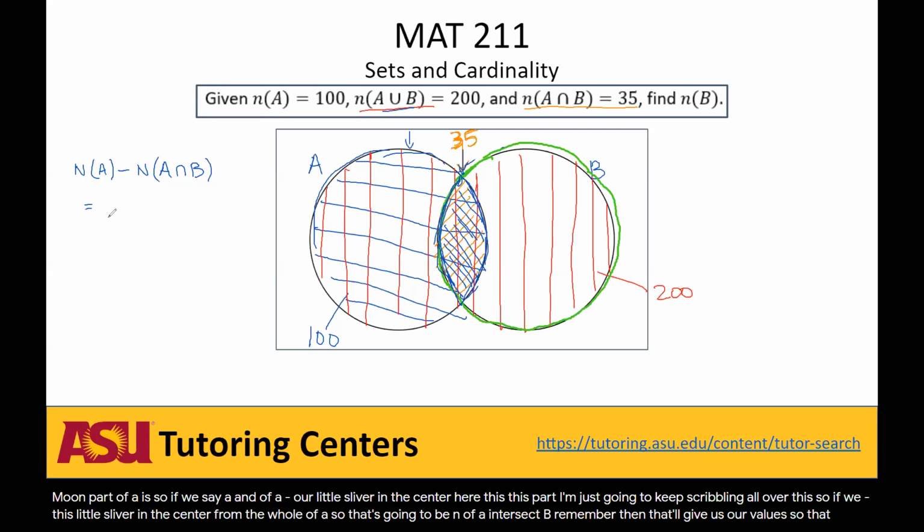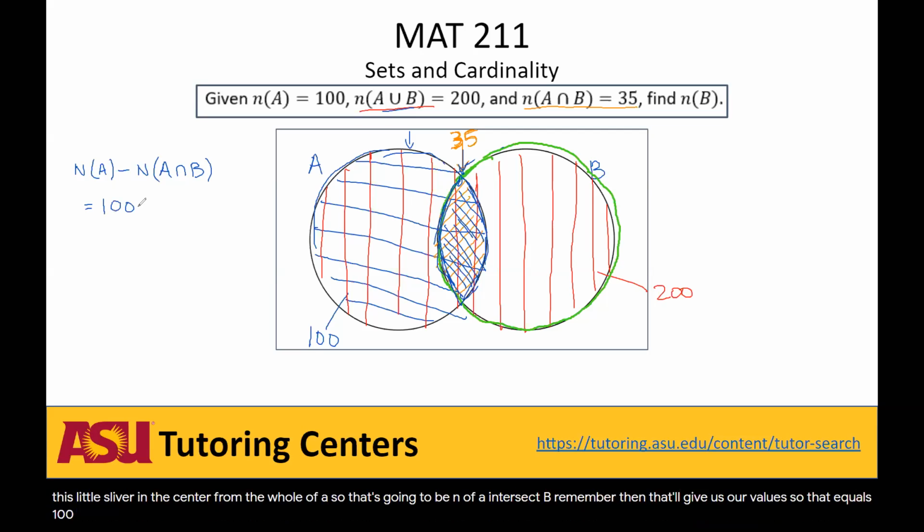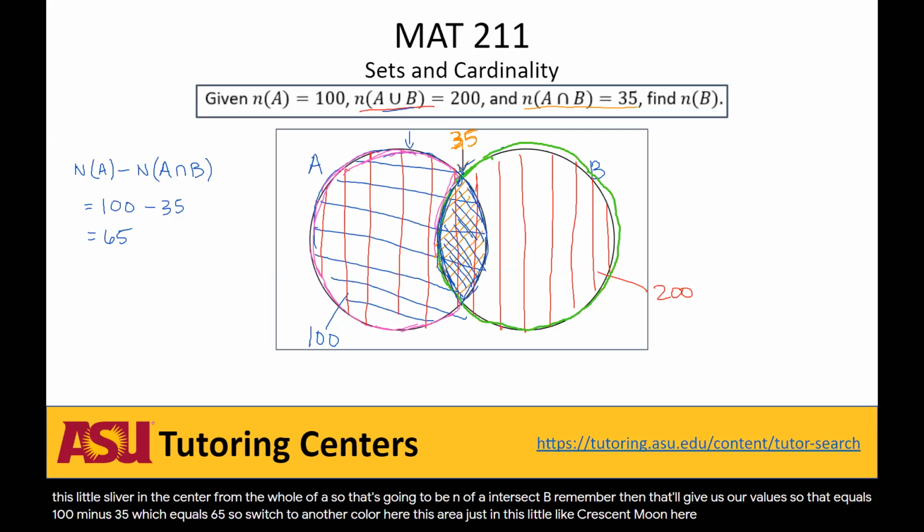So that equals 100 minus 35, which equals 65. So switch to a color here. This area just in this little crescent moon, that kind of shape, that's going to be 65.